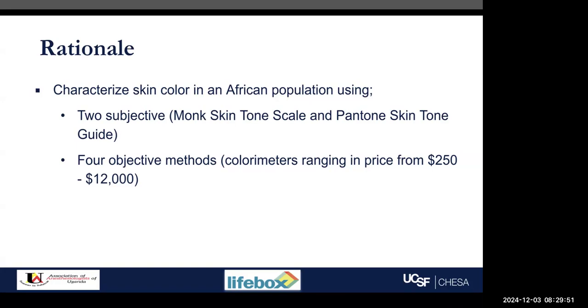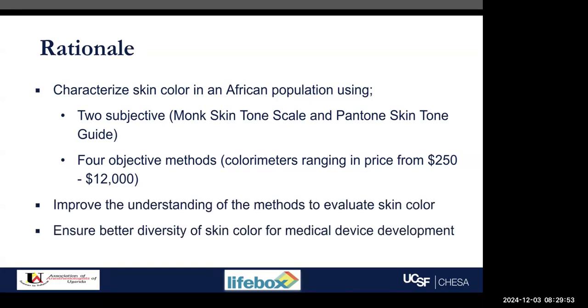Next slide. The goal is to improve the understanding of methods to evaluate skin color, especially in an African population. So we want to ensure that there is better diversity of skin color for medical device development and validation. Next slide.